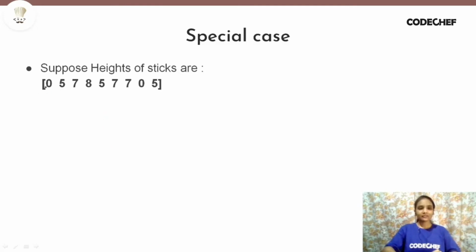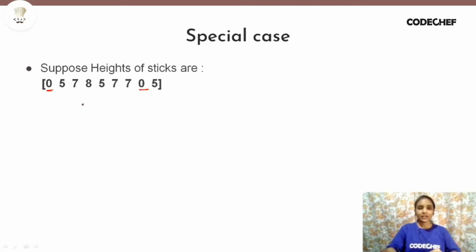But if we have the height of the stick as 0, then what we are doing in this question is reducing the height of sticks to 0, but we are already given a stick which is of height 0. So we don't need to perform any operation for that stick.